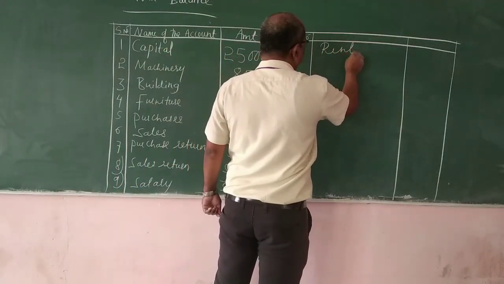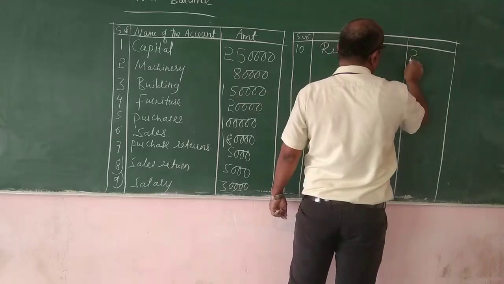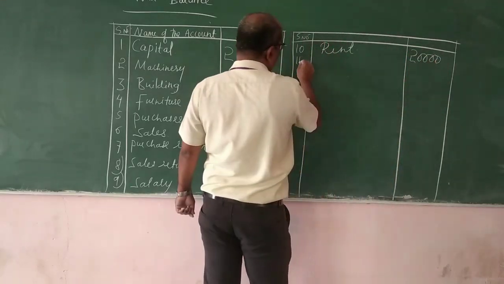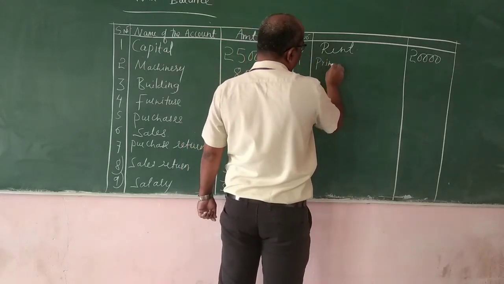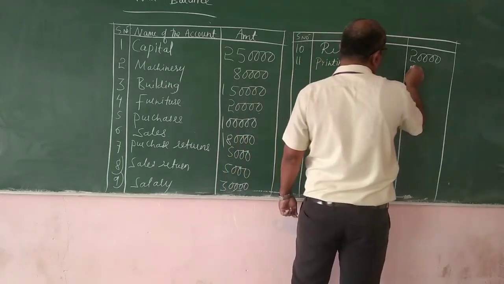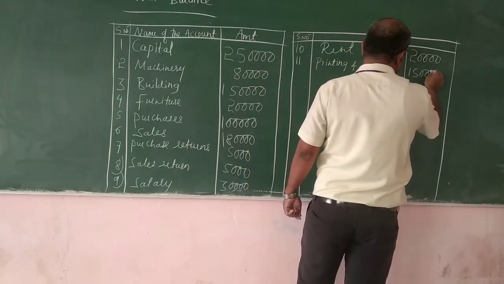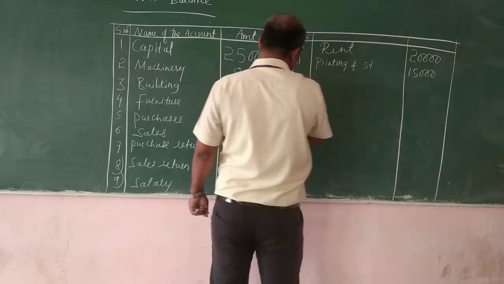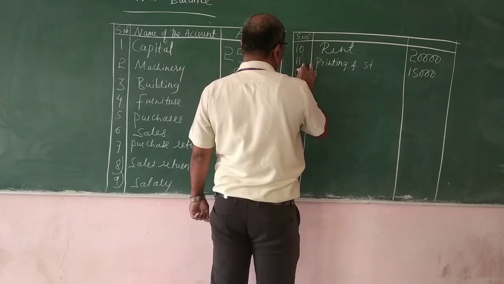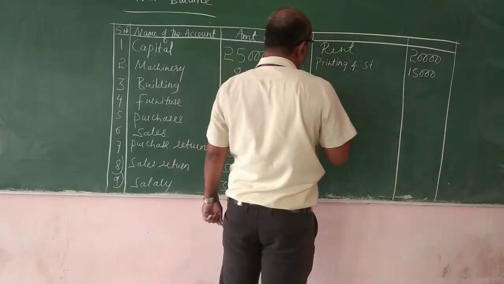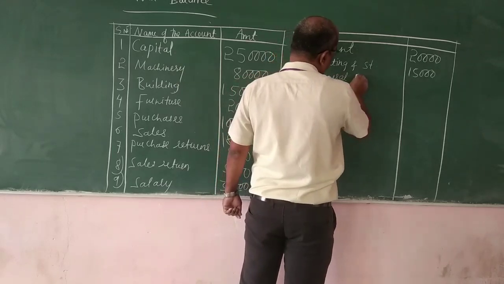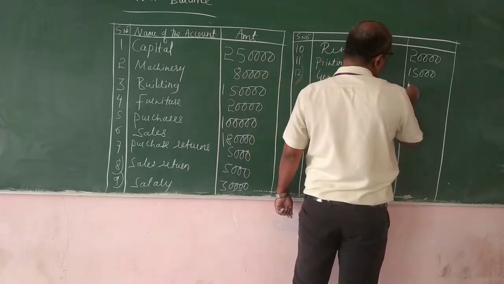Rent 20,000. Printing and stationery 15,000. General expenses 15,000.